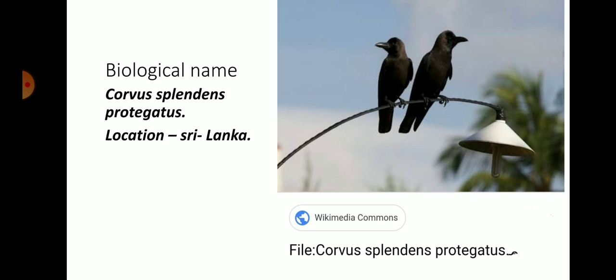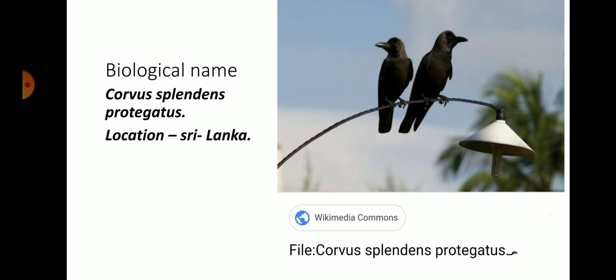Because of minute morphological changes, they have to be named differently in trinomial nomenclature, that is, with three names. The first is the generic name, the second is the species name, and the third is the subspecific name.